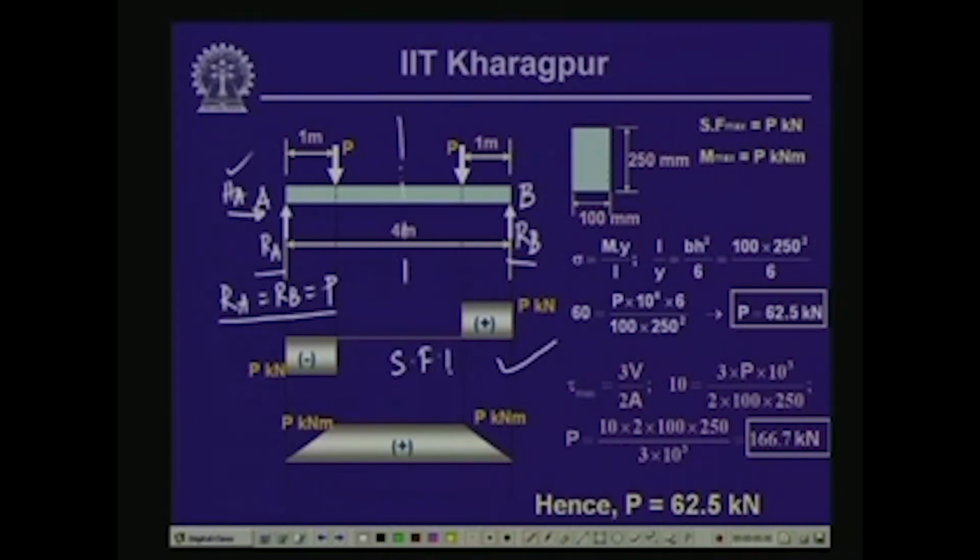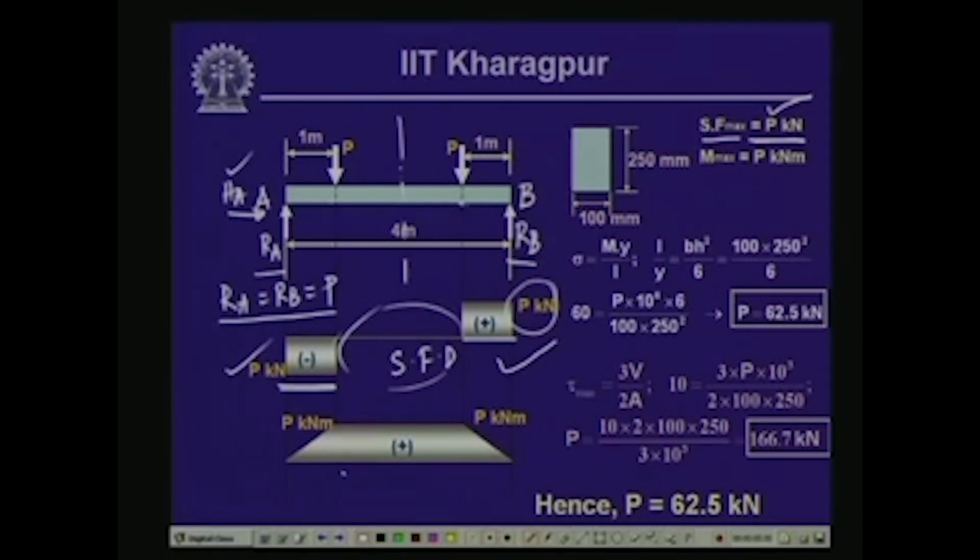That means, over the left region between the support and the load, we will have a shear force of magnitude P kilonewton, which is negative, and between the second load point and the last reaction, we will have again P kilonewton, which is positive. So, the maximum value of the shear force that is occurring anywhere in the beam is equal to P kilonewton, and in between the loads there is no shear force at all. So, the maximum shear force is equal to P kilonewton.